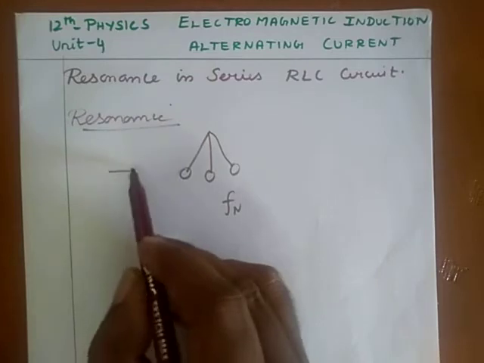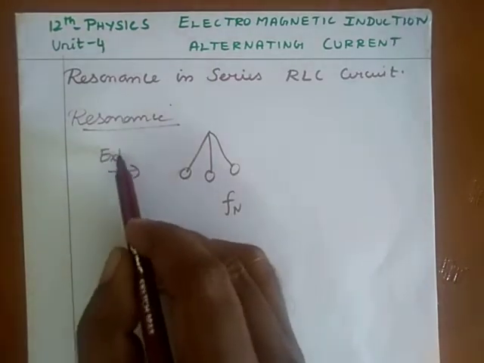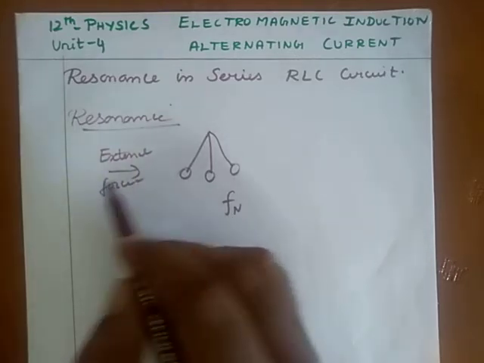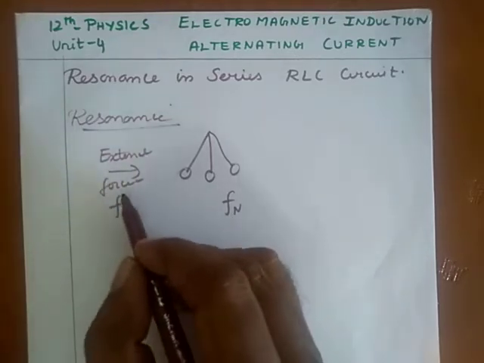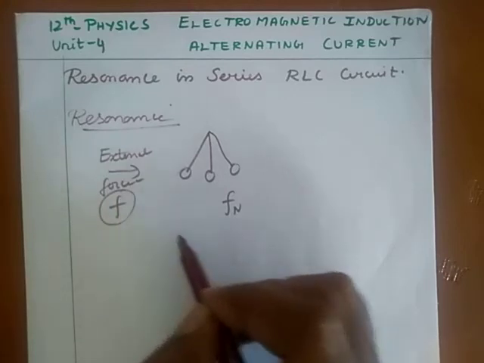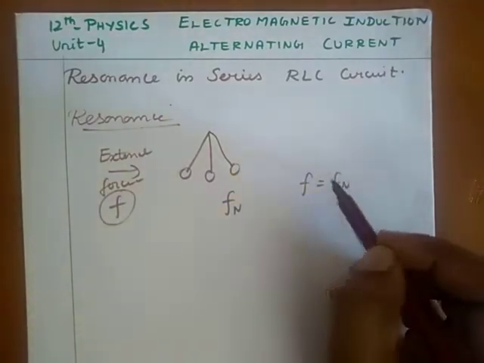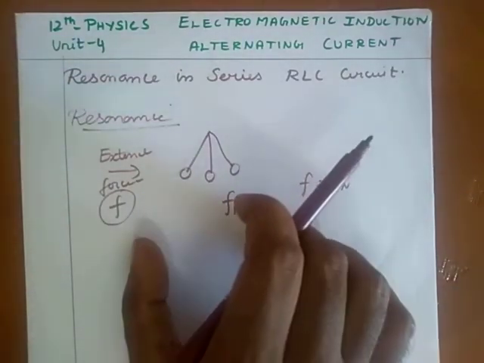Then I apply some external force with frequency F, the applied frequency. If the applied frequency is equal to the natural frequency, resonance occurs.